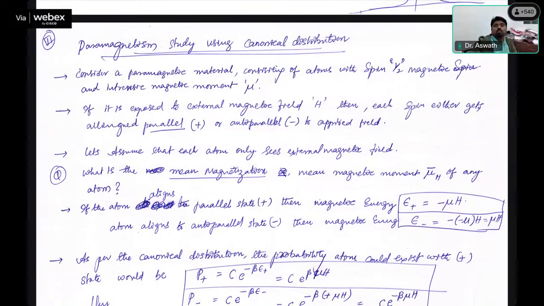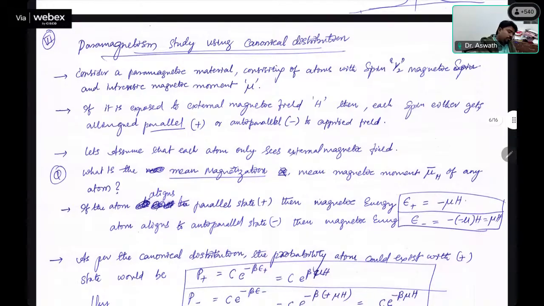Okay. So paramagnetic system is what? Consisting of atoms of spin half, with the intrinsic magnetic moment of some mu.